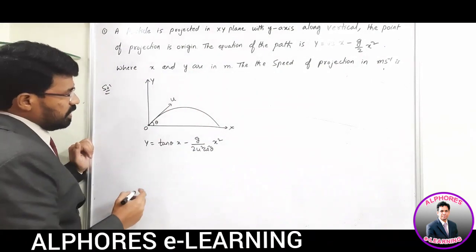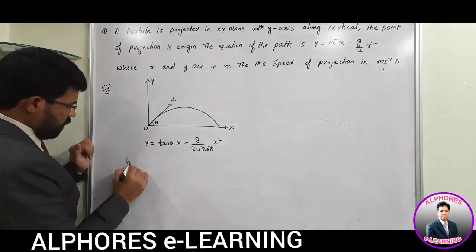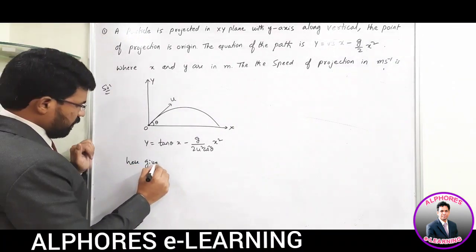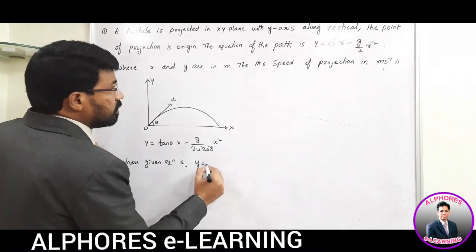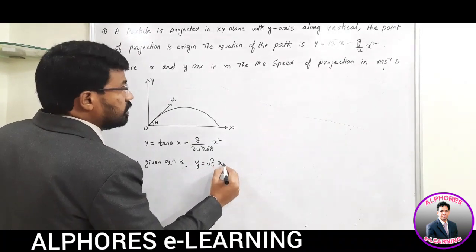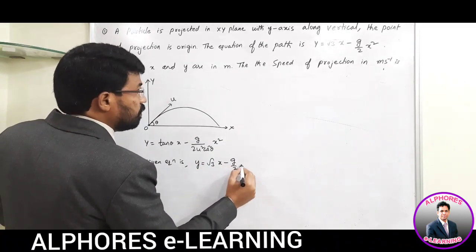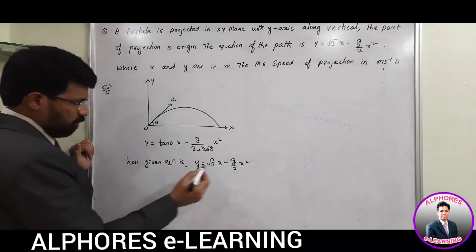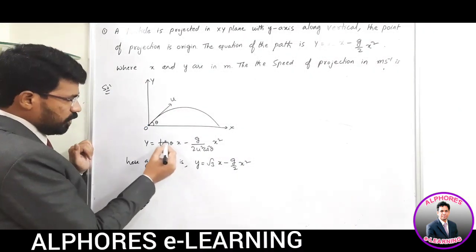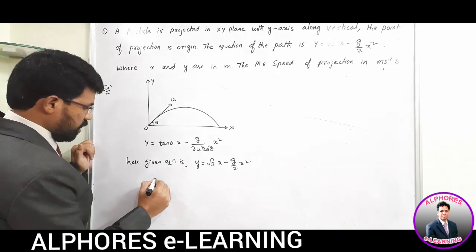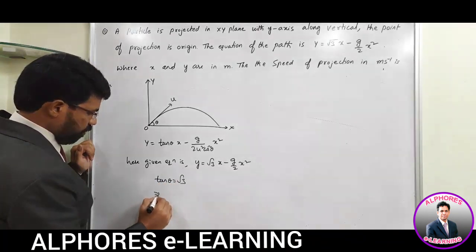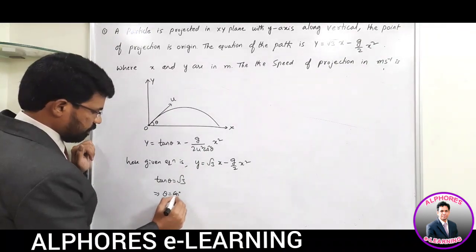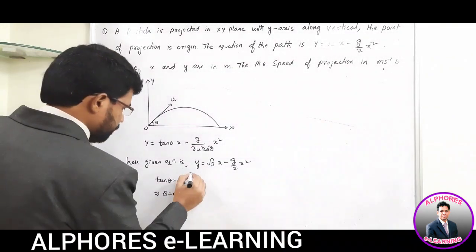Now comparing with the given equation, y equals root 3 into x minus g by 2 x square. Here what is the coefficient of x? Root 3. Here the coefficient of x is tan theta. So tan theta is equal to root 3. That implies theta is equal to 60 degrees.